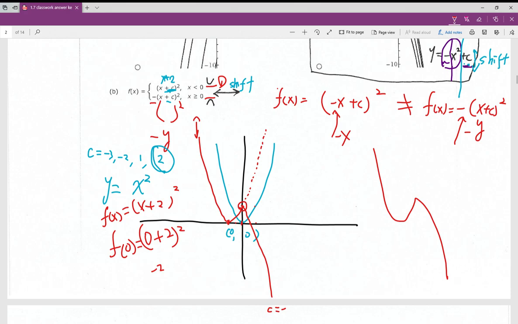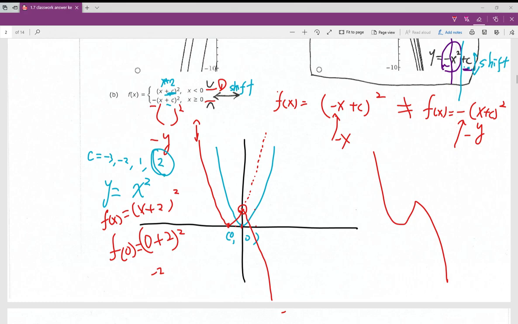And how about c equals 1? c equals 1 will be here. And c equals negative 2.